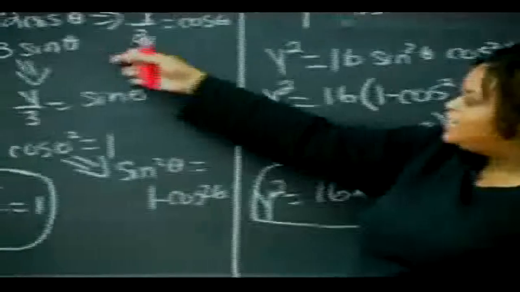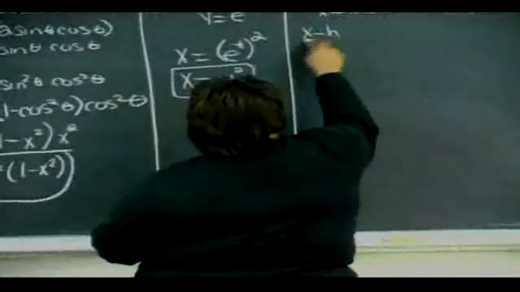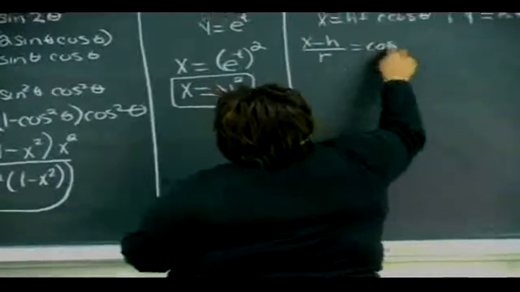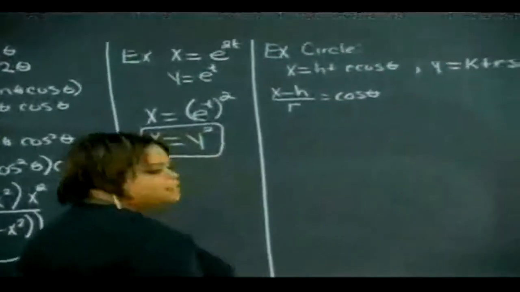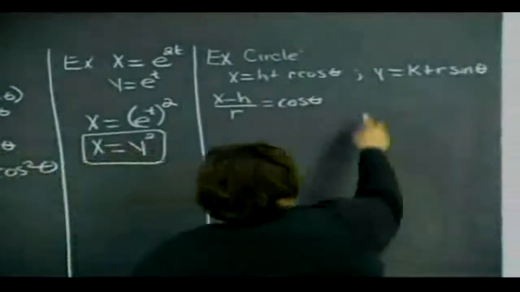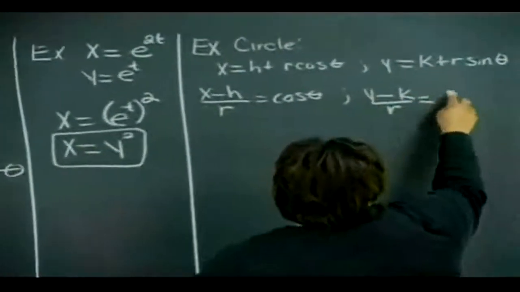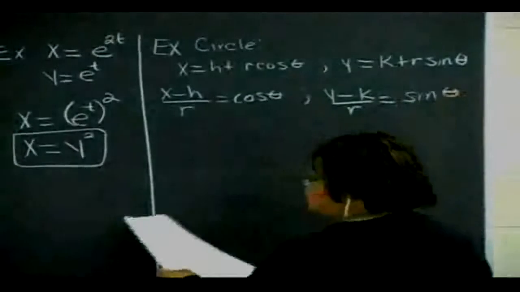Well, it's going to be similar to this one, where I need to get to cosine and sine and square both sides. So how can I do that? Here, (x minus h) over r is cosine theta, isn't it? Here, (y minus k) over r is sine theta.